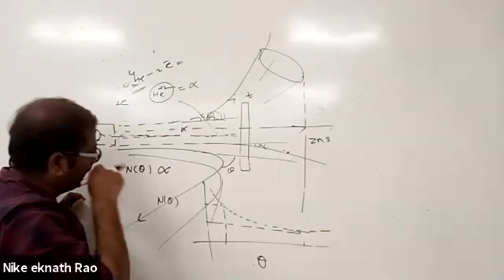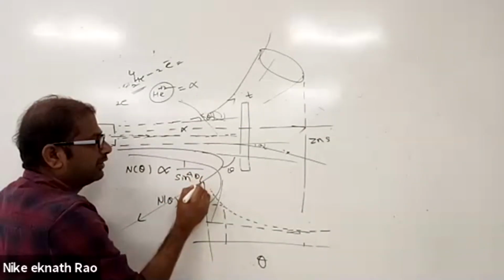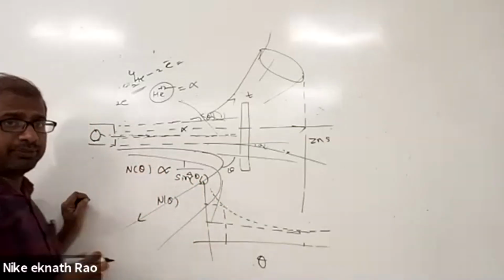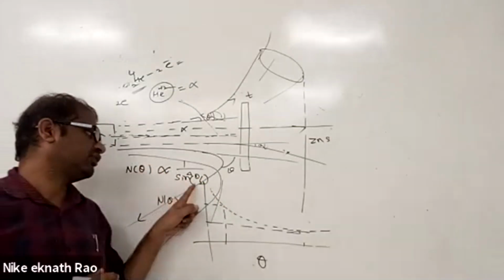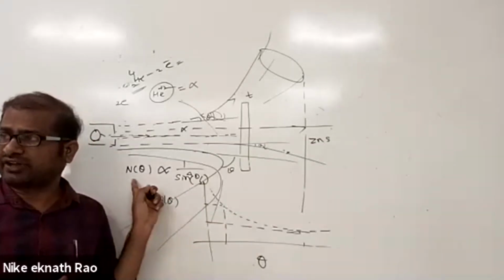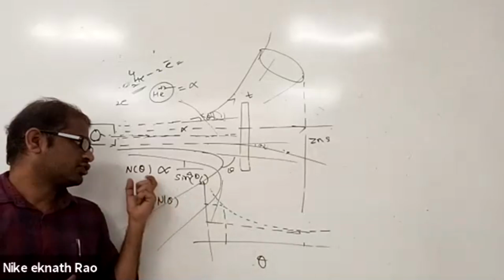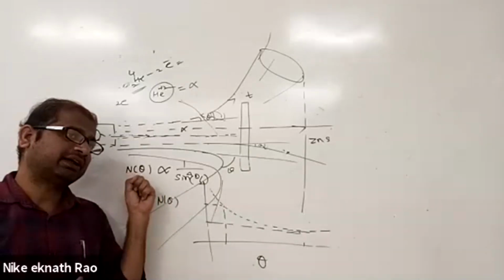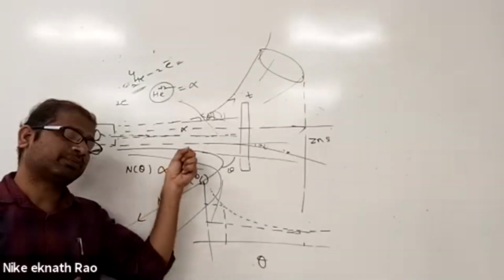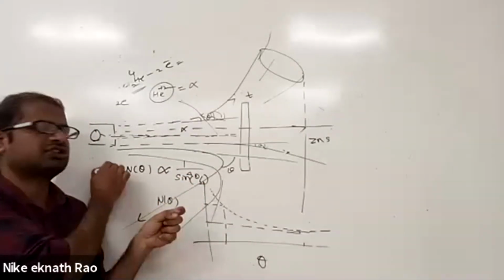The number of scattered particles is given by 1 by sin to the power 4 of theta by 2. It has an inverse relation with the angle of scattering. The more the angle of scattering, the lesser the number of scattered particles. This is the graph, the relation he has given. So the number of scattered particles at any angle theta is proportional to 1 by sin to the power 4 of theta by 2. Based on this, one exam question is asked.